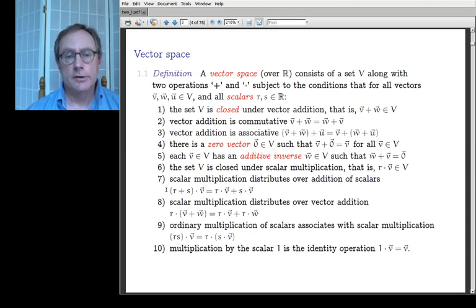And then conditions 7, 8, 9, and 10 are similarly conditions that, if you didn't have them, you wouldn't really think of this as a scalar multiplication. Applying the word scalar multiplication would be a very peculiar thing to do if you didn't have conditions 7, 8, 9, and 10. Just as an example, if you had something you called scalar multiplication, and multiplication by 1 didn't give you back the vector you started with, if you took 1 times v and you didn't get v, you'd say, I'm not thinking about that case.